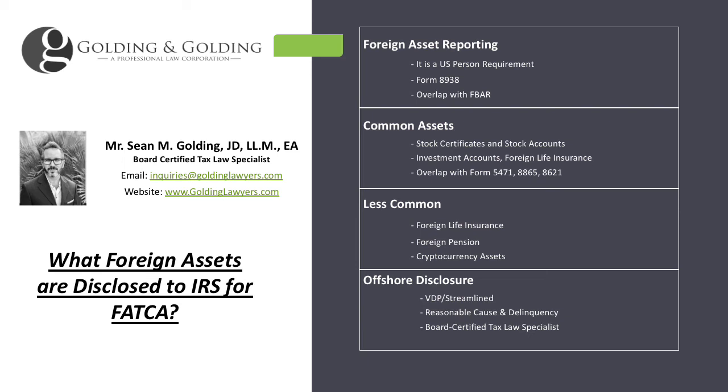Cryptocurrency assets. The IRS rules regarding cryptocurrency are currently in flux, but the general thought process is that it may have to be filed if it's a foreign, overseas, offshore cryptocurrency type asset.